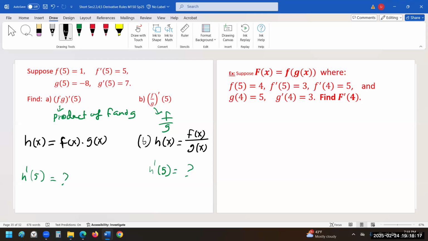So similar to that. Or they give us more information than what we need.